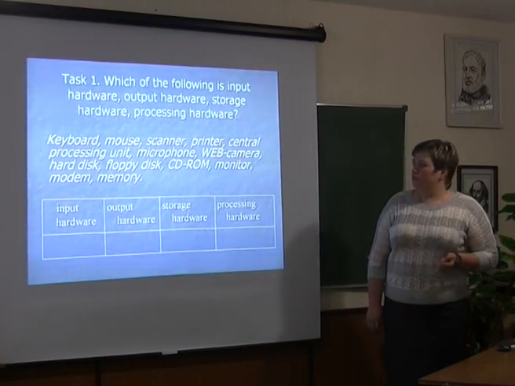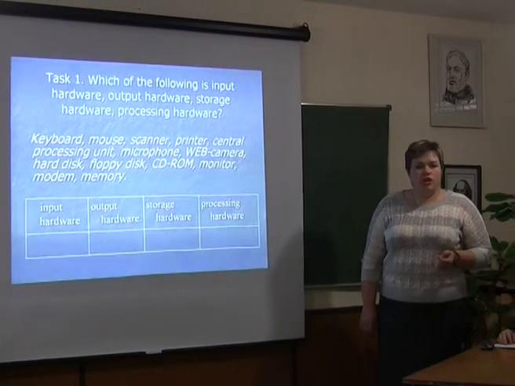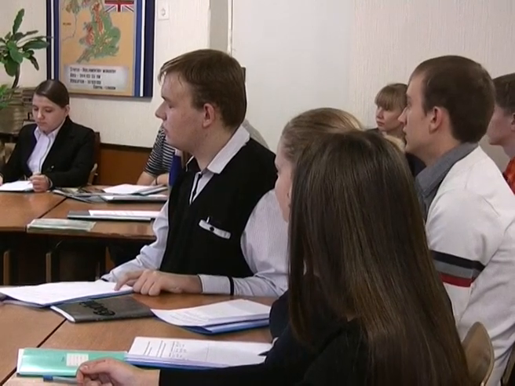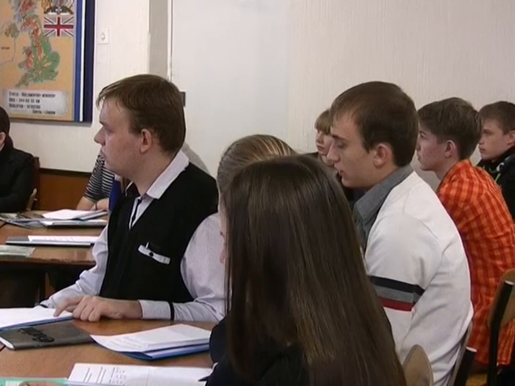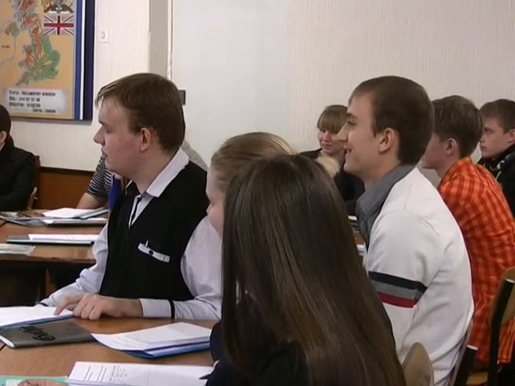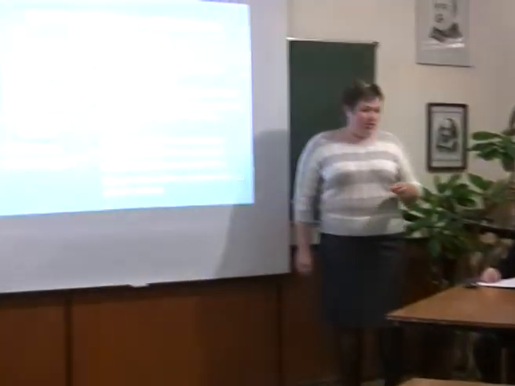Printer, monitor and modem. And modem, good. Tanya, storage hardware. Hard disk, floppy disk, still. Good. And the last column, Serёж. Central processing unit and memory. And memory, so good.